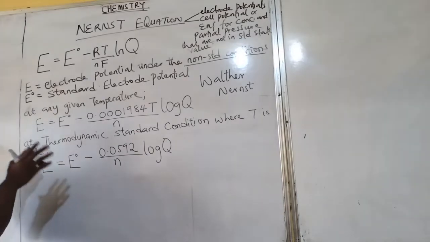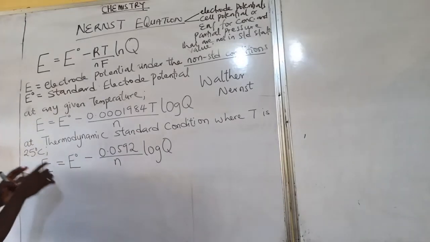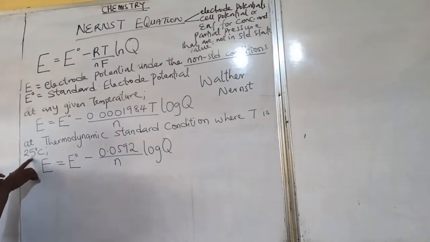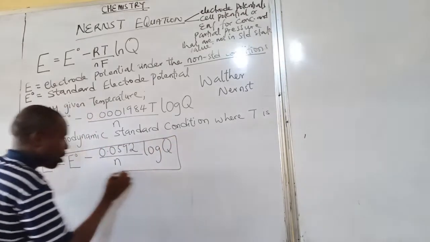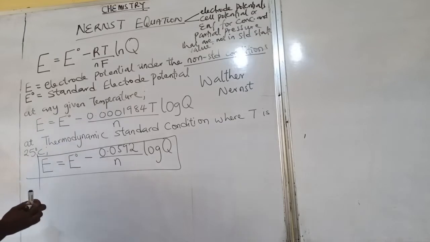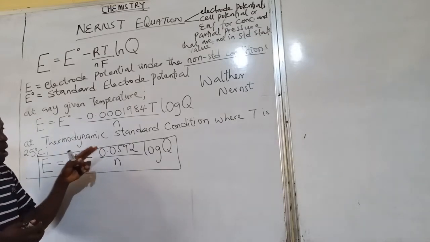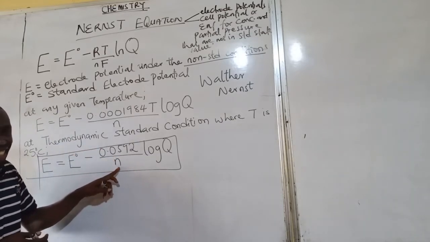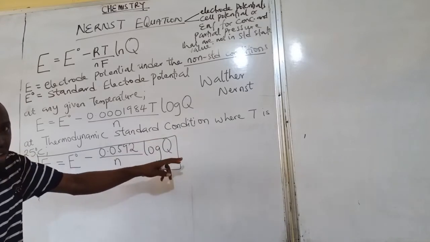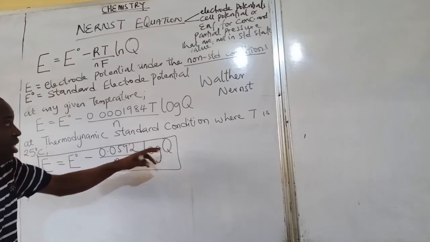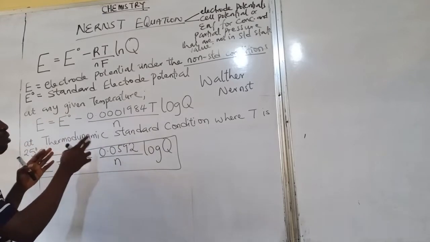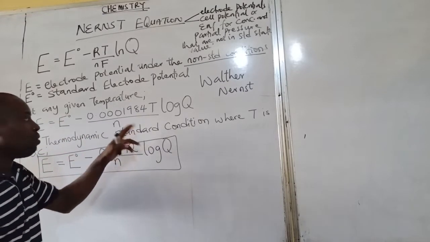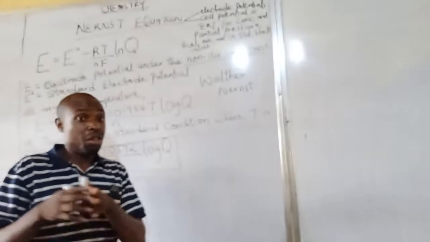At a constant temperature, which is room temperature, 25 degrees Celsius, the formula that we make use of is E is equal to E naught minus 0.0592 over n log Q. While at any given temperature, it is E is equal to E naught minus 0.000198 T over n log Q.